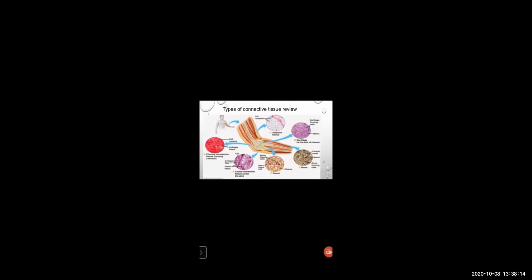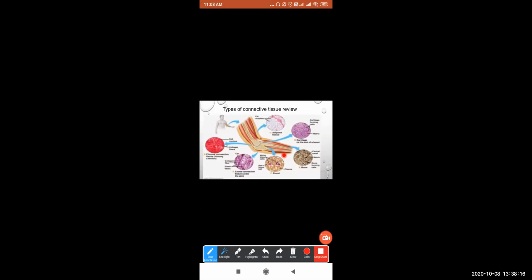Next connective tissue is the adipose tissue. Adipose tissue is majorly made up of the fat cells, which are specialized cells for storage of fats. These are present below the skin and closer to the vital organs like heart and the liver and all.